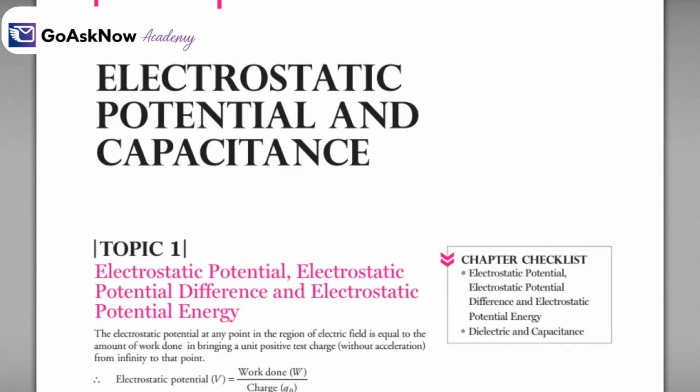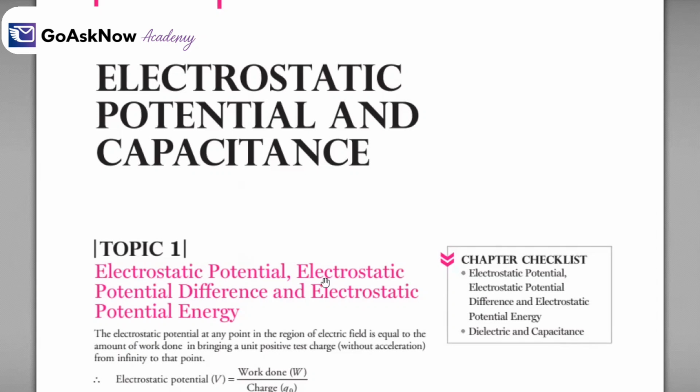These we have covered in the first chapter, and now there is the application part of all this: electrostatics applied to capacitance, and electrostatic potential is another topic needed for understanding capacitance. So let's start with the first topic, electrostatic potential difference and electrostatic potential energy. We will see in detail what these are and the difference between these terms.